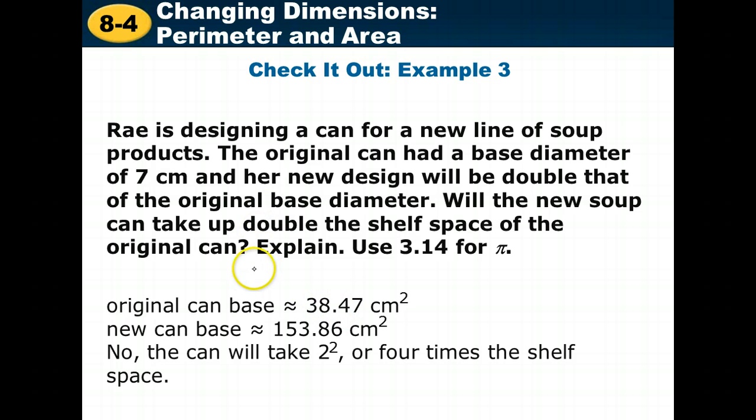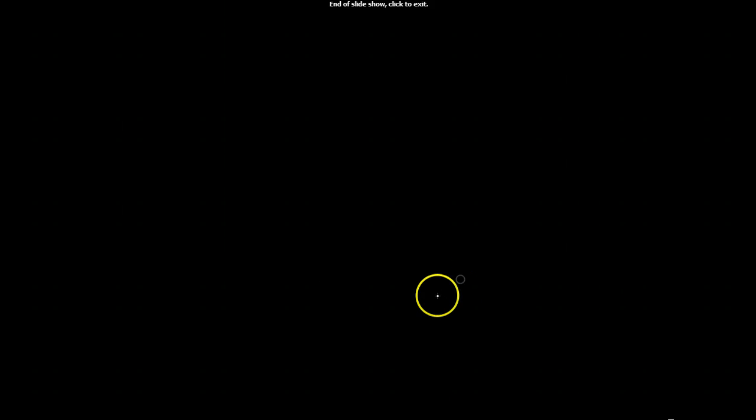Again, please use pi r squared, and that 7 in diameter needs to be 3.5 for the radius. And the new one will be 153.86 square centimeters. So that will be 2 squared, or 4 times, not double. It will quadruple. It will be 4 times.